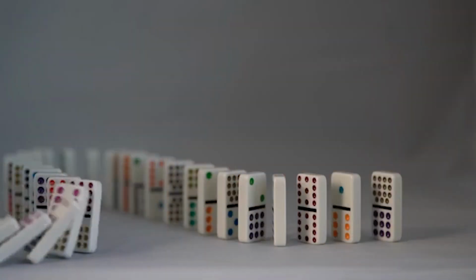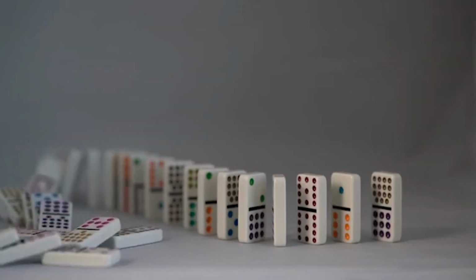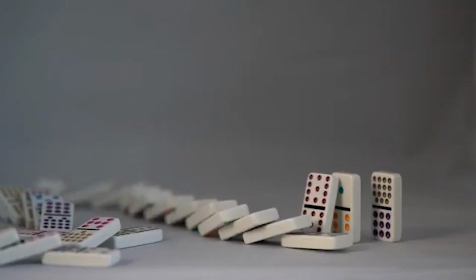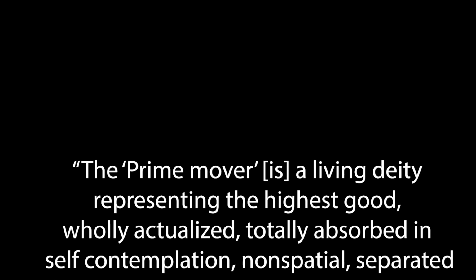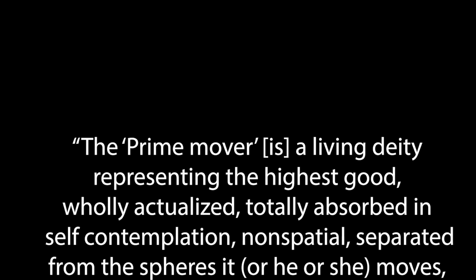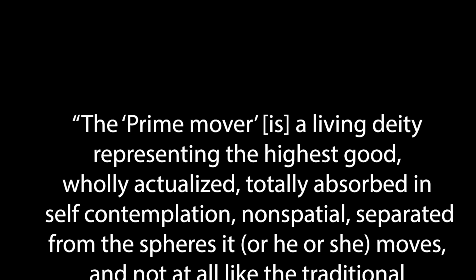The prime mover is a far-out idea, even for us modern observers looking back with historical context. So I'm gonna quote Lindbergh on what the prime mover was. Lindbergh writes, "The prime mover is a living deity, representing the highest good, wholly actualized, totally absorbed in self-contemplation, non-spatial, separated from the spheres.